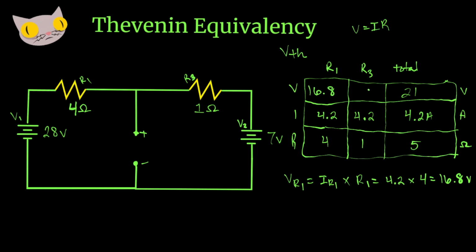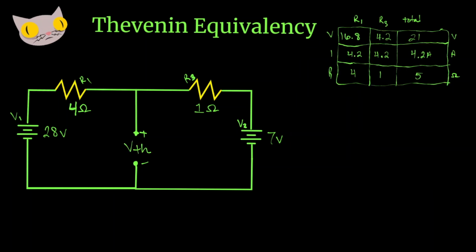And for R3, the voltage across R3 is going to be current through R3 times R3. So we have 4.2 amps times 1 ohm. That's just going to give us 4.2 volts. So we have all of our values for the table.